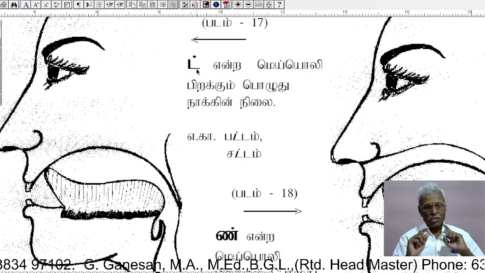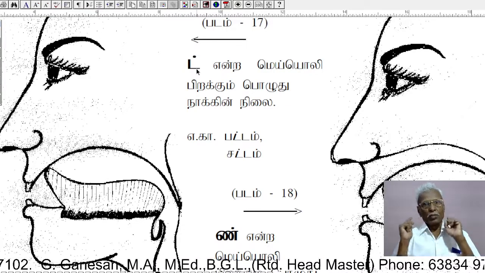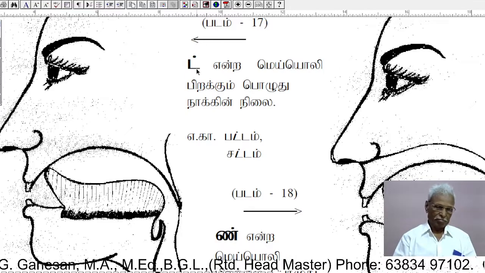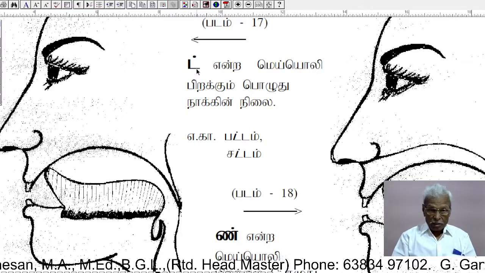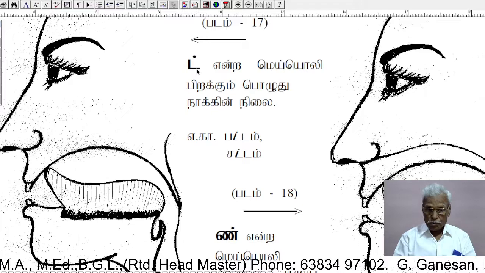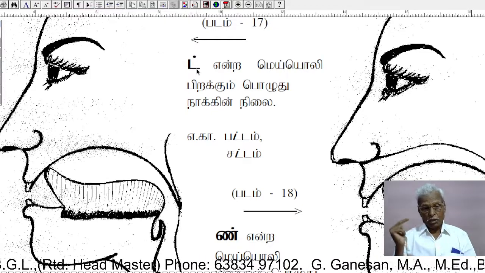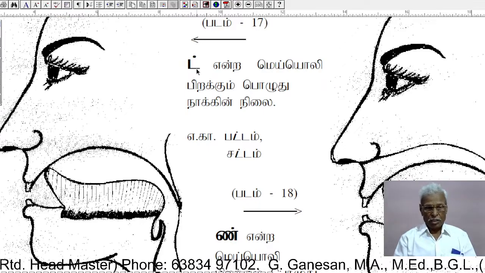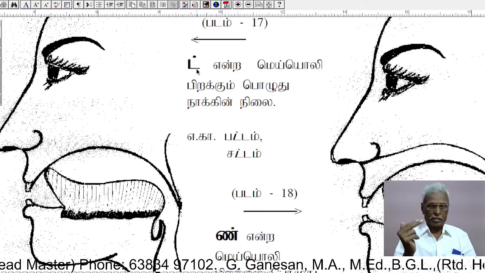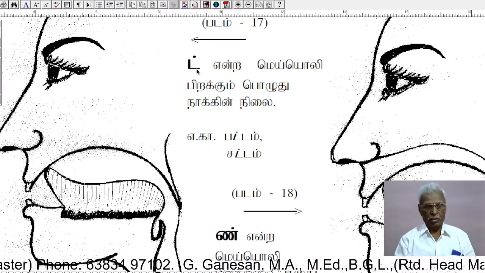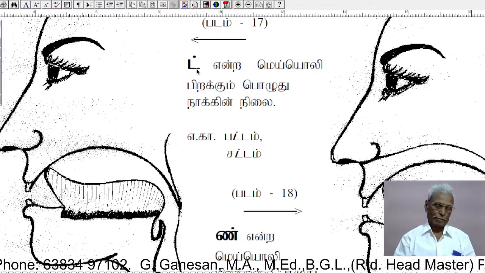and sending out the air through the sides of the tongue. That is, the sound id is produced by raising the tip of the tongue towards the hard palate and making a tight contact and sending out the air through the sides of the tongue.